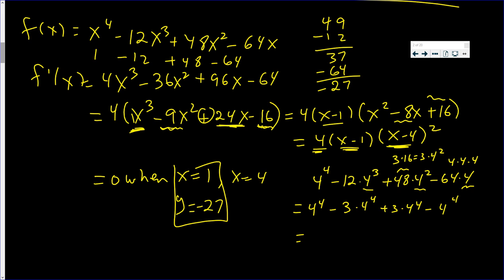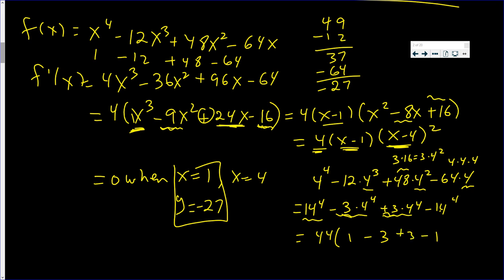Okay, so how many 4 to the 4th do I have? Let me try that again because I wrote down one number wrong. Over here, I have 1 4 to the 4th. I am taking away 3 of them. I am adding back 3 of them.